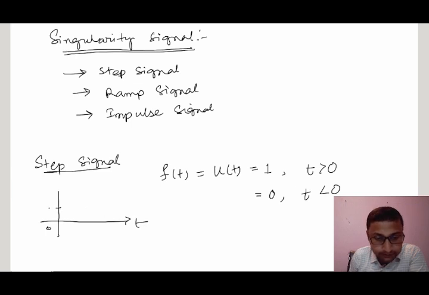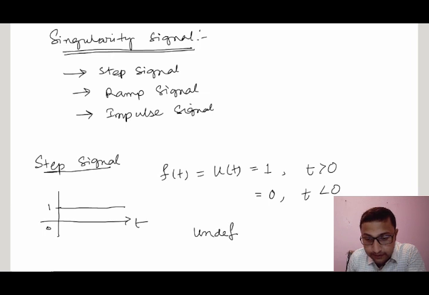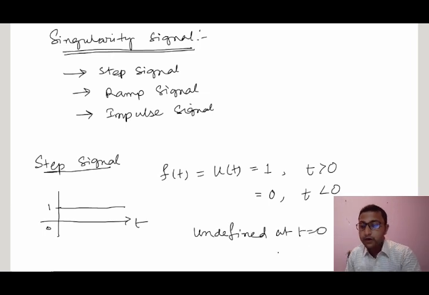Suppose this is the point 1, the graph will be parallel to the x-axis, a constant dc value, the unit step signal, nothing else. At t greater than 0, the value of the step signal is 1, and at t less than 0, the value of the step signal is 0. And the value of the step signal is undefined at t equal to 0.